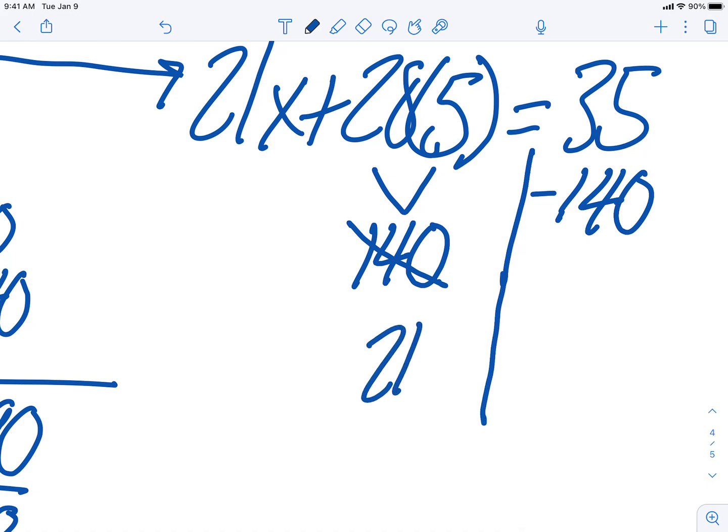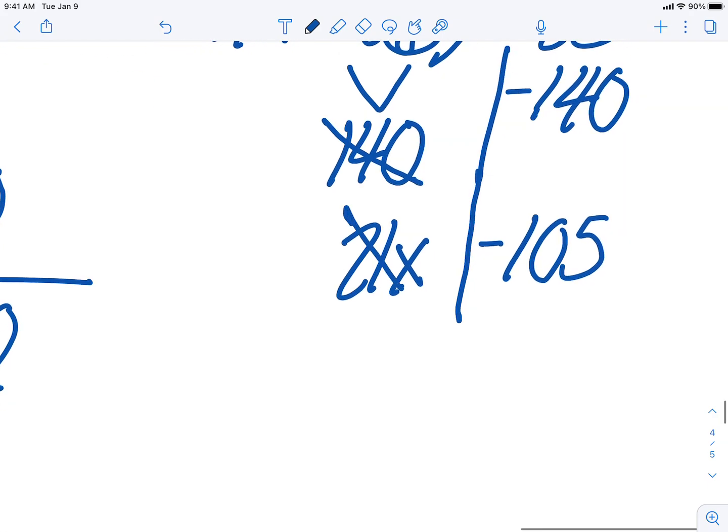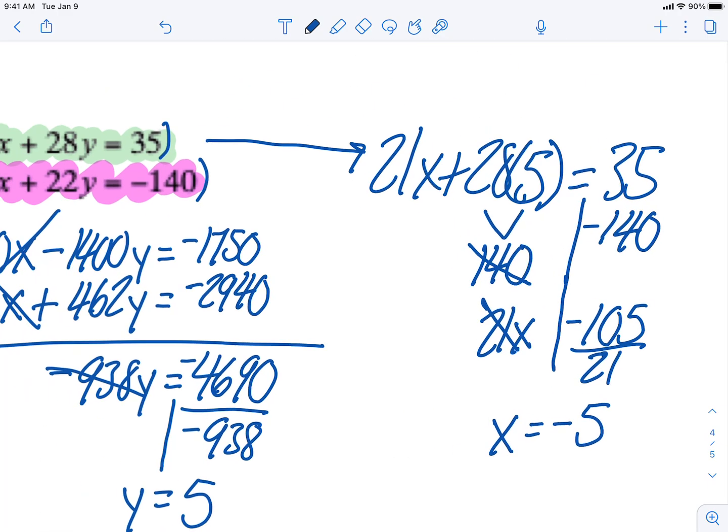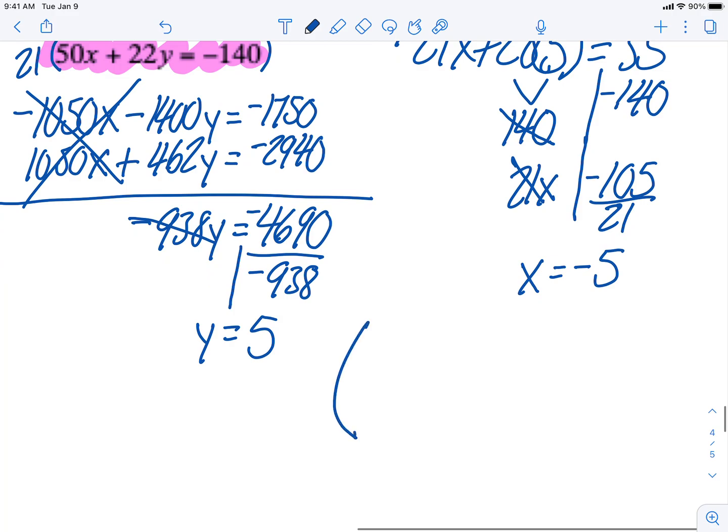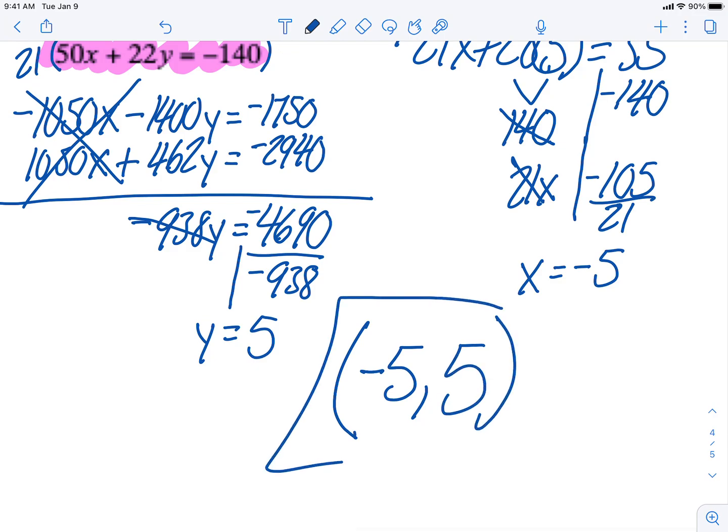So I get 21x is equal to negative 105. And the opposite of multiplying by 21 is dividing by 21. So I get x is equal to negative 5. So my solution, kiddos, is x negative 5, comma, y positive 5.